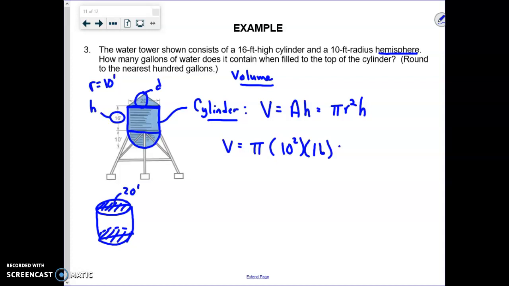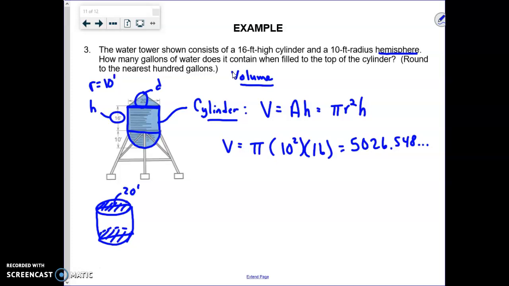And if you do that, you get, let me get my calculator out here, people. Again, I'm just going to use the pi button. So I'm going to take 10 squared as 100 times 16 times my pi button. If I can find it on my calculator, there it is. And that is 5,026.548, and so on.